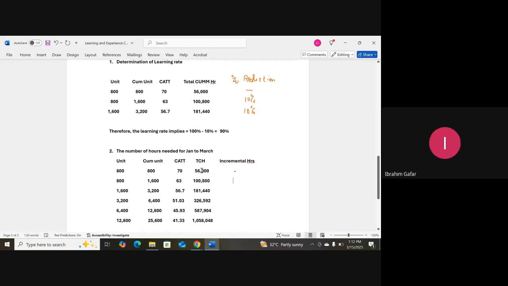What is the incremental? 44,800. That's what they mean by incremental. The next one between this and this? 8,640.